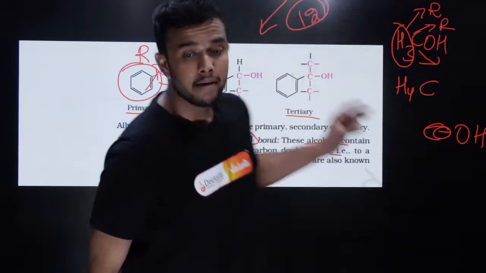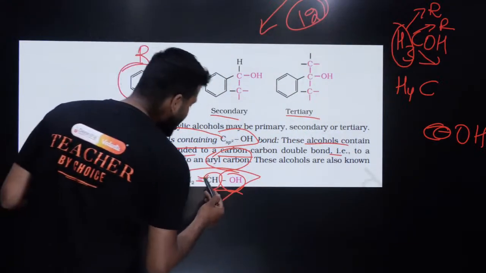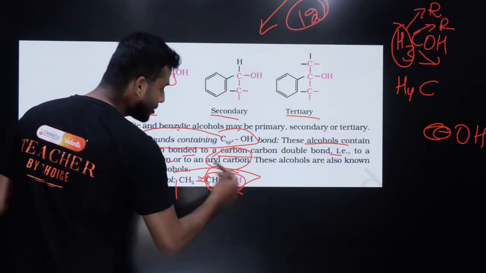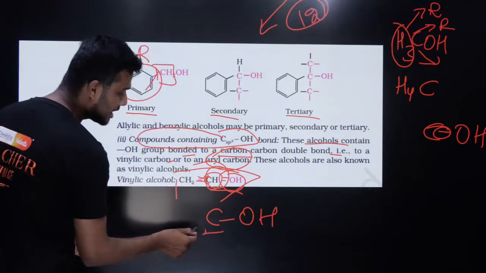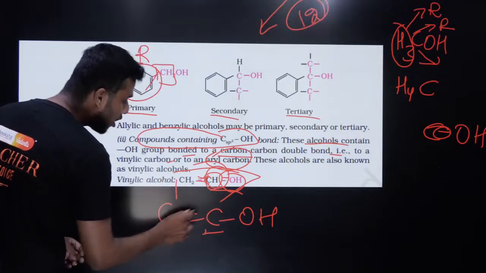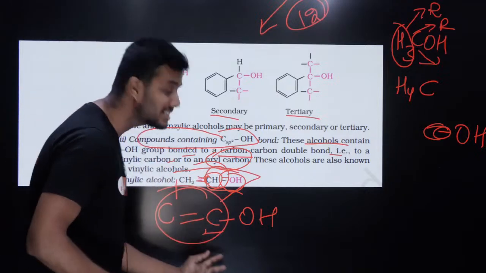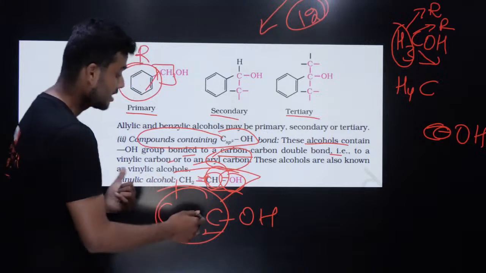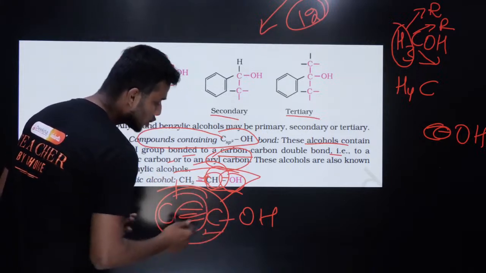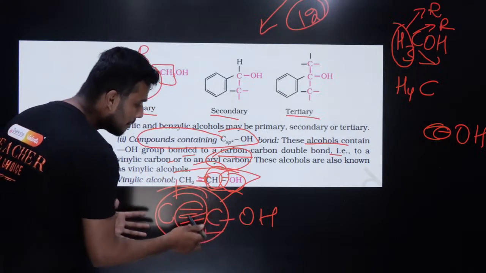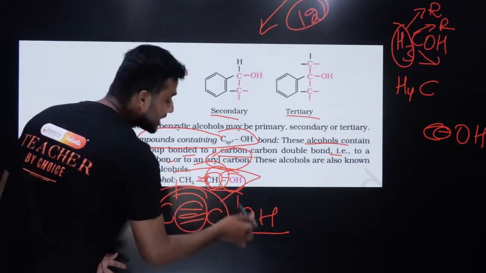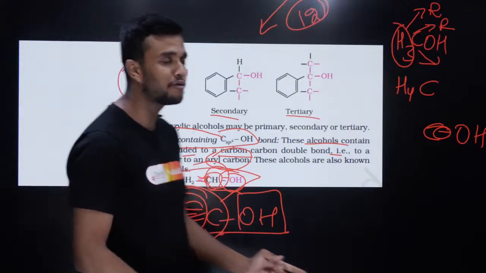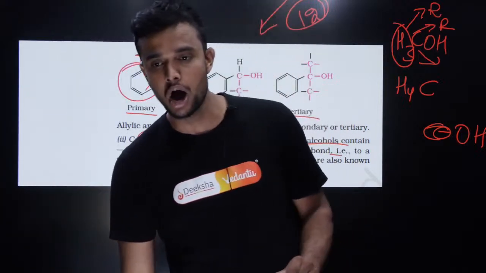If the carbon forms a double bond with the next atom and the functional group is an alcoholic group, then these types of alcohols are called vinylic alcohols.